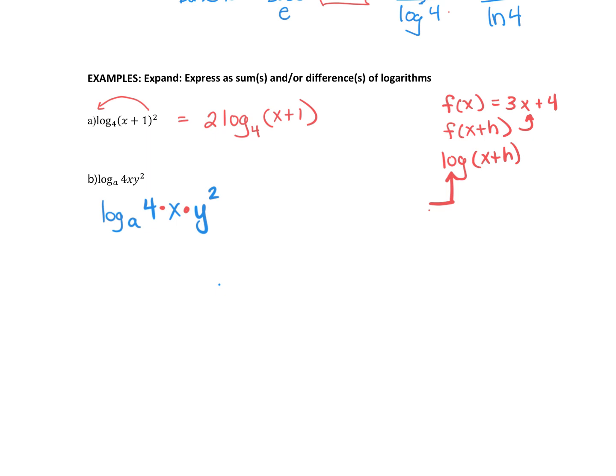So I'm going to rewrite this as log base a of 4 plus log base a of x plus 2 log base a of y. That comes from that power rule, allowing me to bring that in front of its respective log.